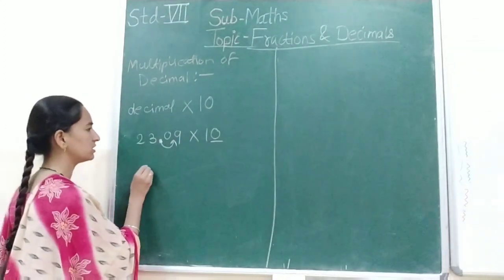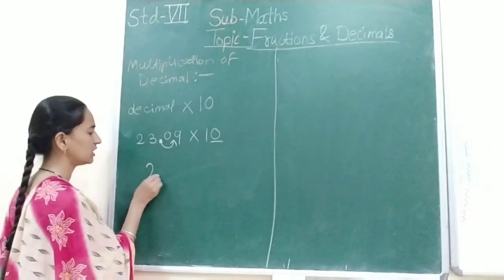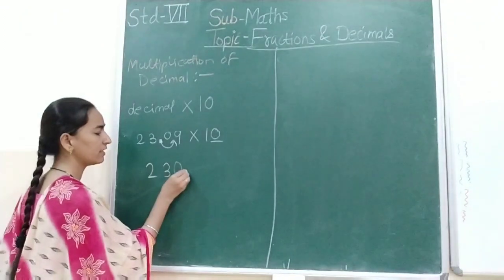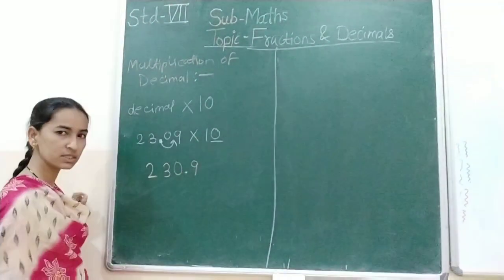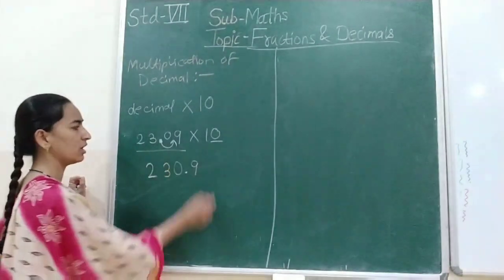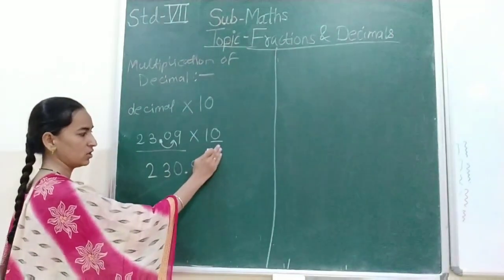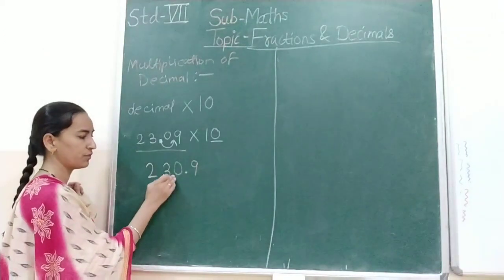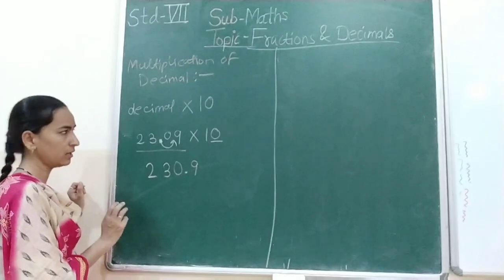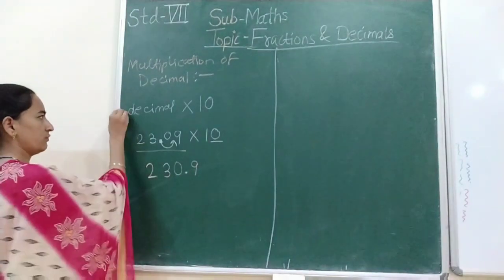Okay, that means the answer for this is 230.9. Understand this? When we are multiplying a decimal by 10, the point is shifted to the right by one place. Okay, this is the first one.